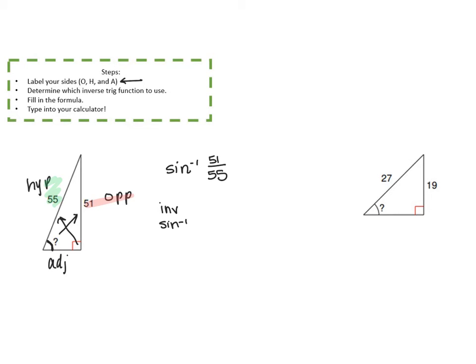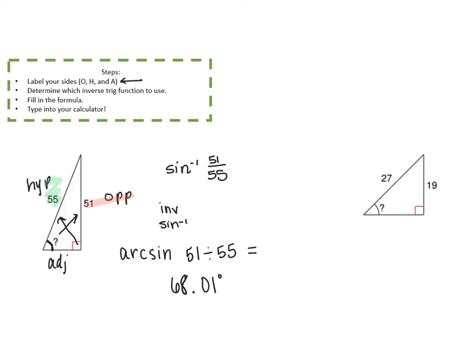What will pop up in the box will say arc sine, which is the exact same thing as sine inverse. Then you're going to do 51 divided by 55 and hit equals. If you're following along, you should get 68.01 degrees.